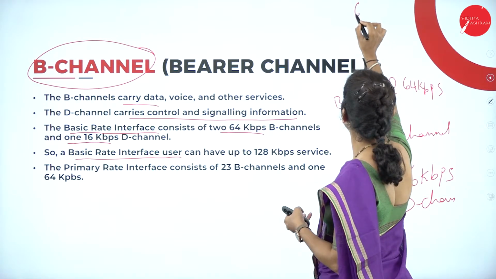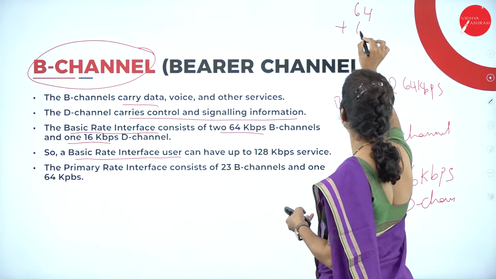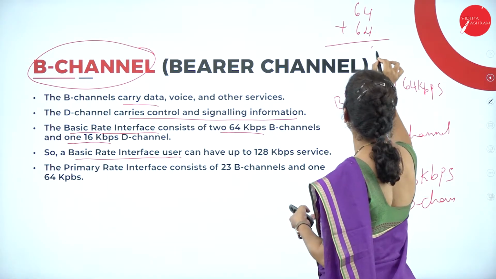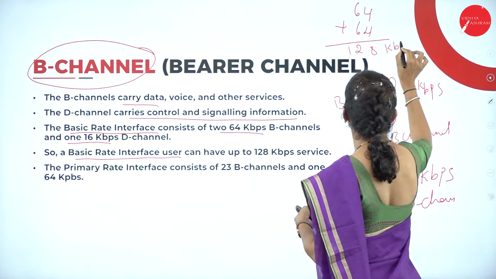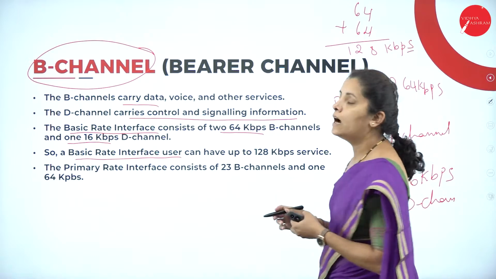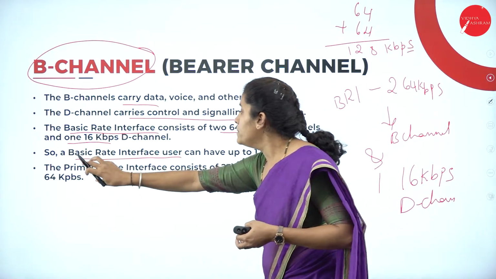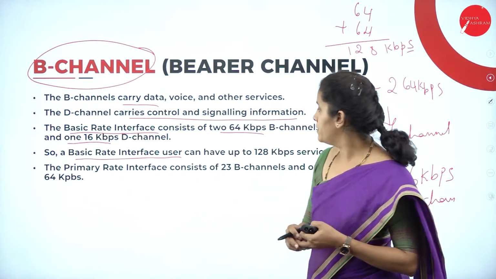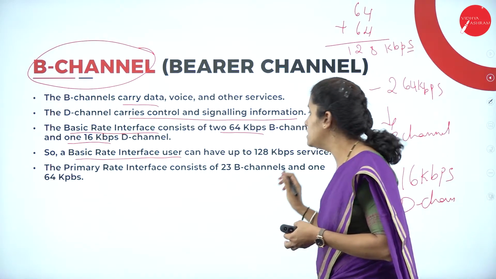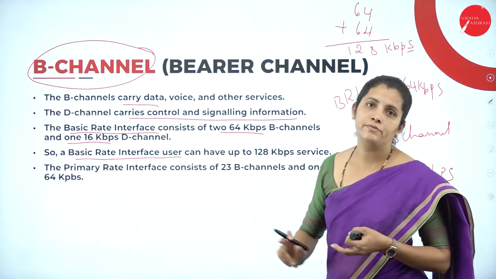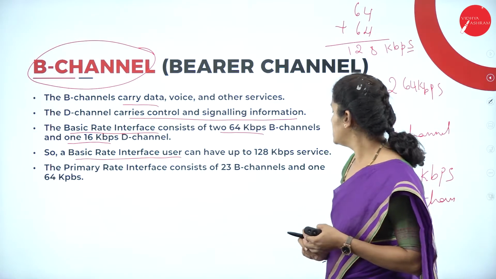That is 64 plus 64, we are going to have 128 kilobits per second. And the primary rate interface consists of 23 B channels and 64 kilobits per second for the D channel.